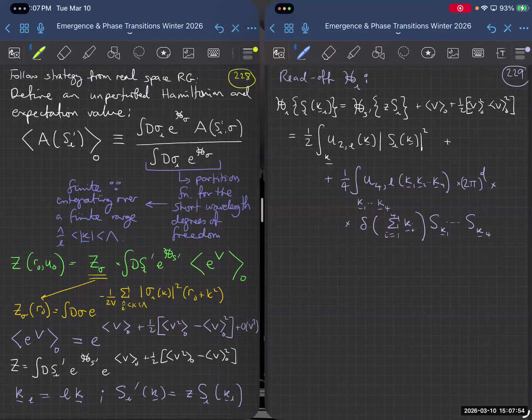So that's what the effective Hamiltonian is going to look like.